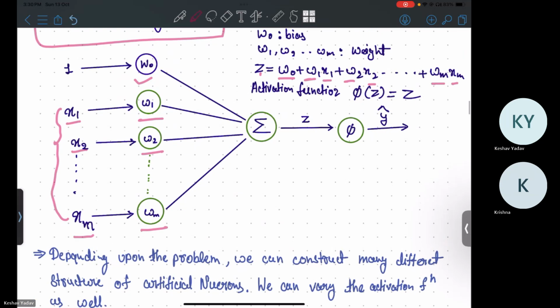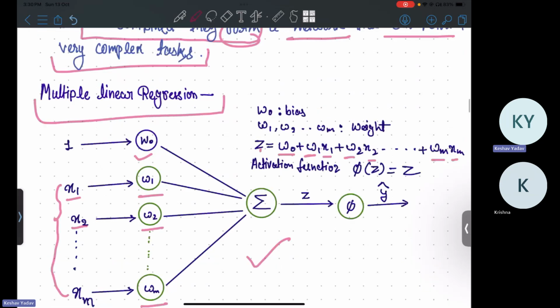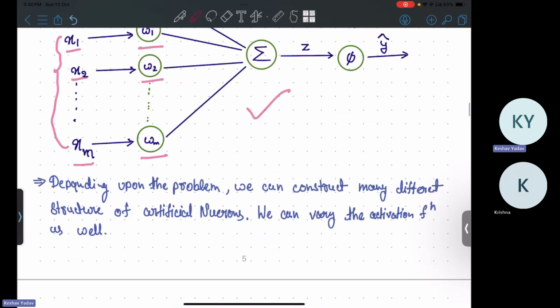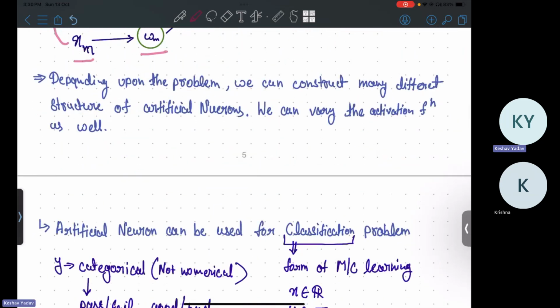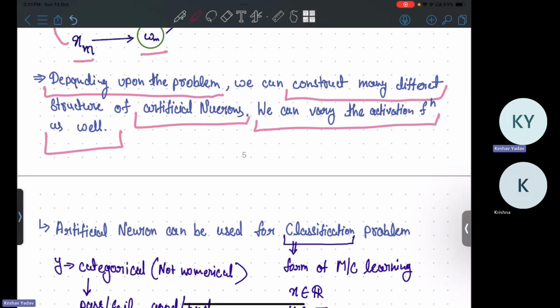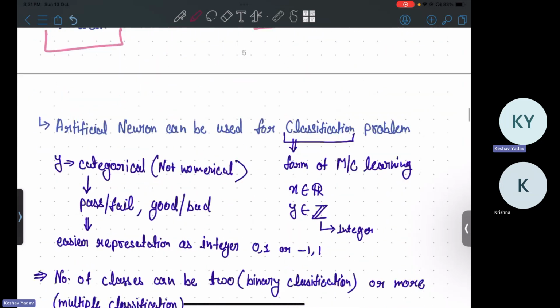So this is a geometrical representation of multiple linear regression. Depending upon our problem, we can construct many different structures of artificial neurons, and we can vary the activation function as well according to our need.